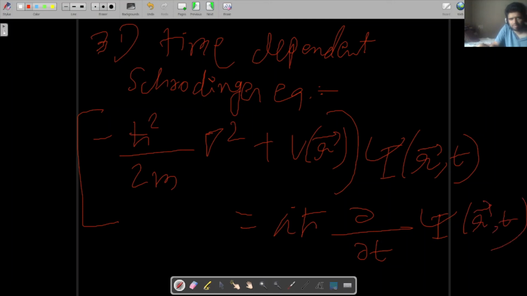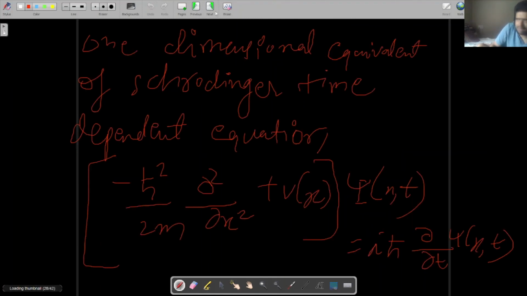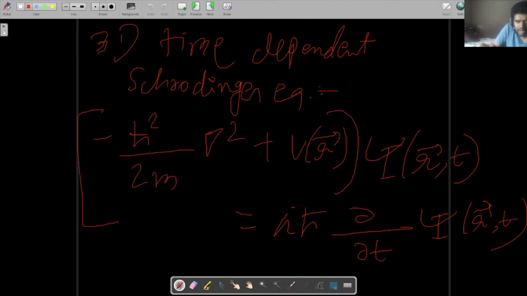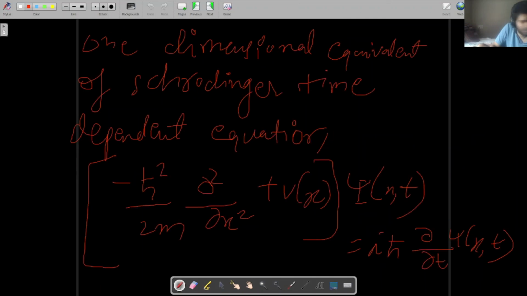So this is your 3D time dependent Schrodinger equation, and this is its one dimensional equivalent, where instead of r you will put x everywhere.